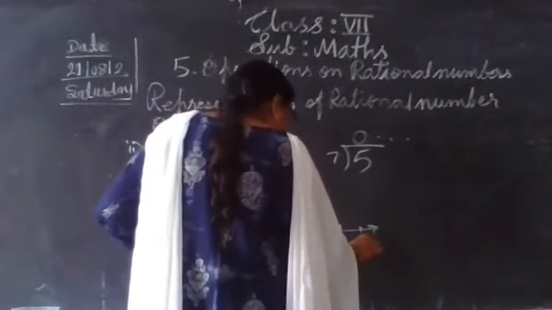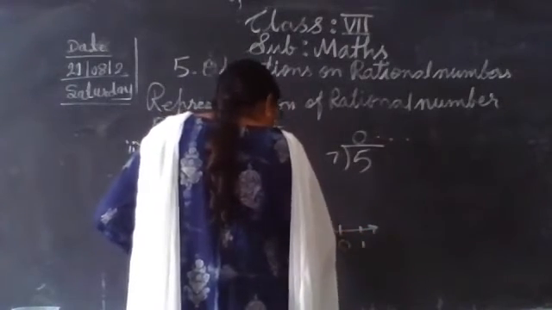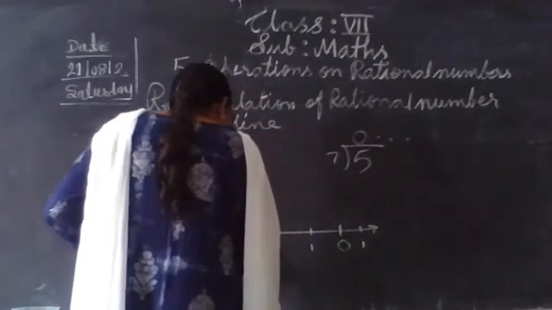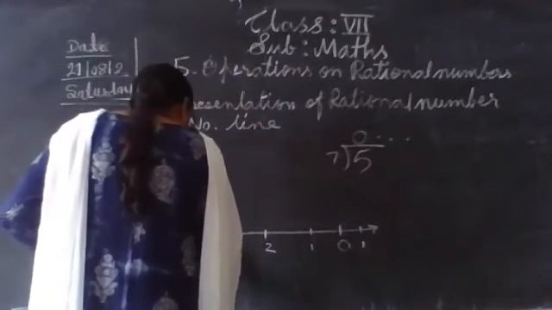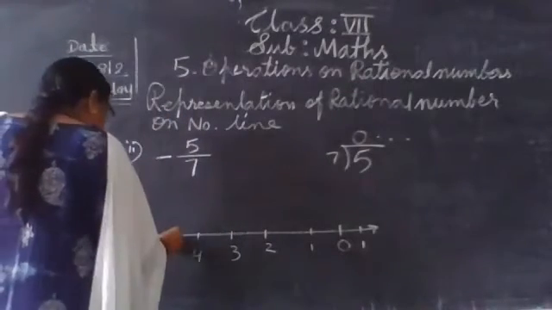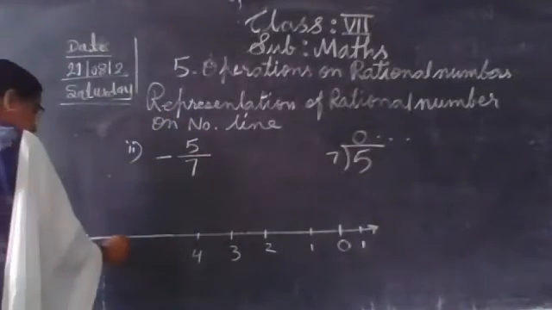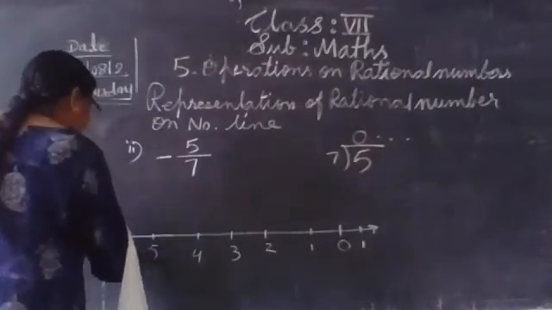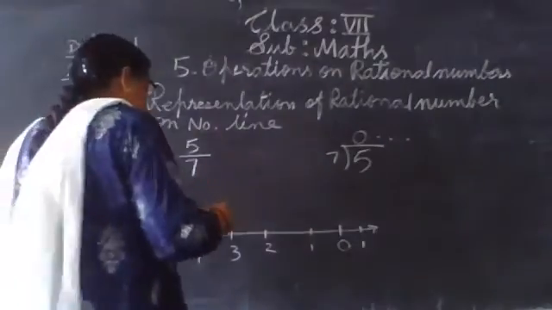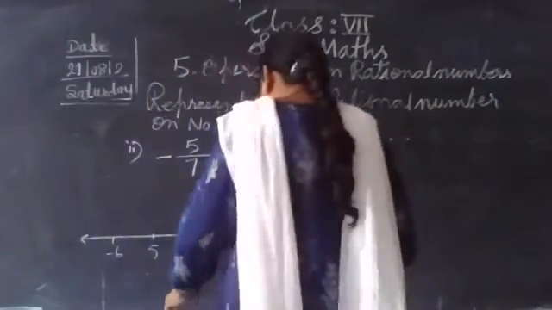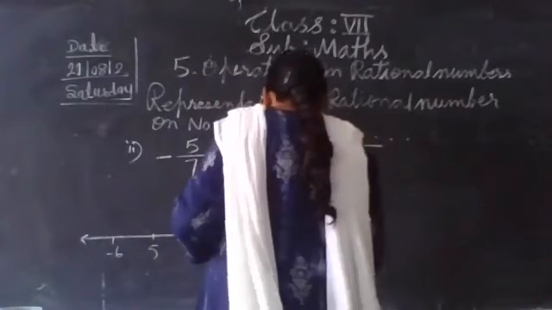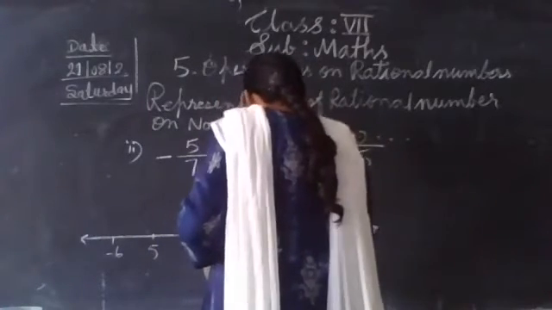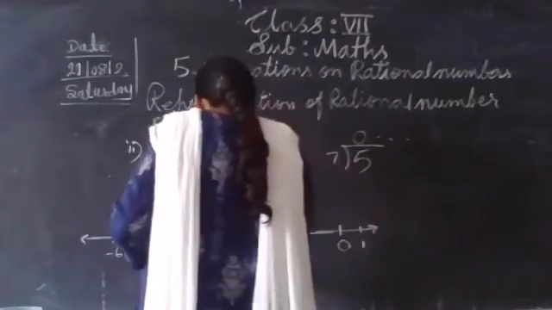It is 0 and this is +1. 1, 2, 3, 4, 5 and this one is 6. Okay, so but it is what beta? -1, -2.